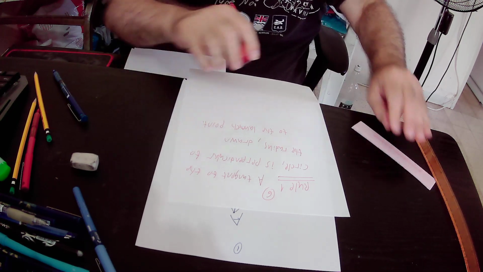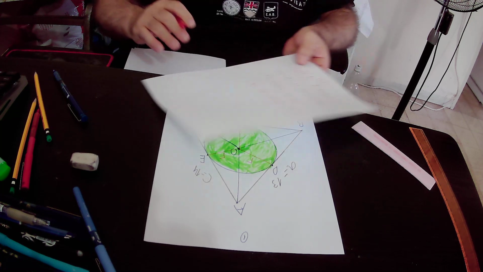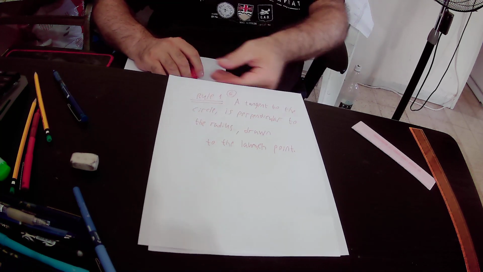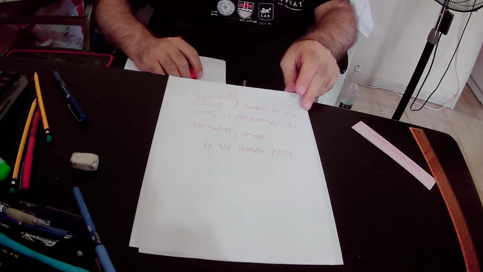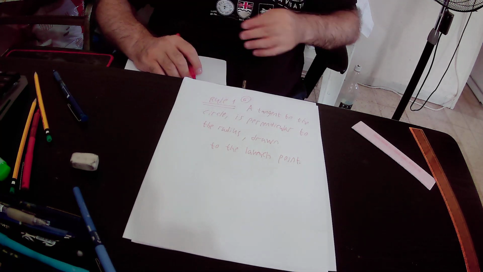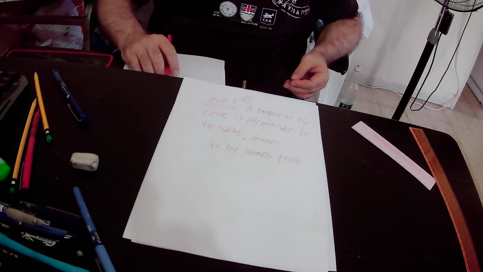So I will read rule number 1 again. Rule number 1 states that a tangent to the circle is perpendicular to the radius drawn to the touch point.